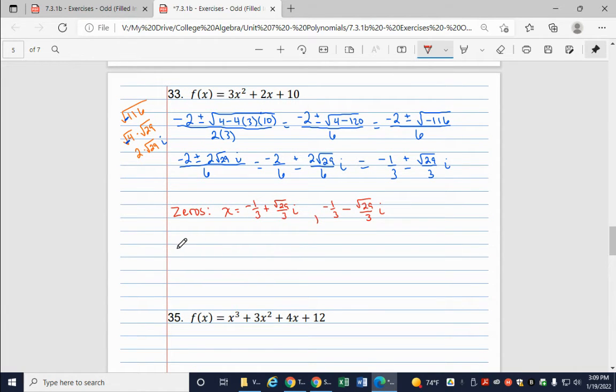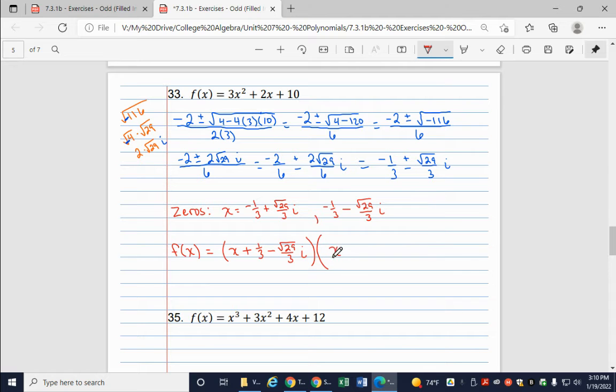My factored form is f of x equals x minus both of these things. So when I do x minus a negative 1/3, it becomes x plus 1/3, minus this second fraction, the square root of 29 over 3 i. That's my first factor.